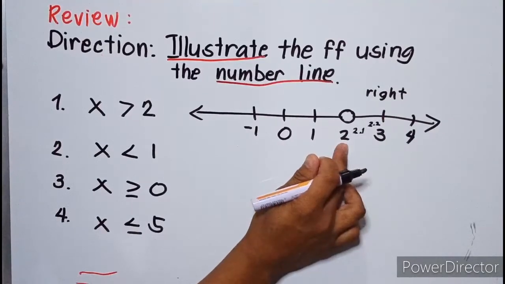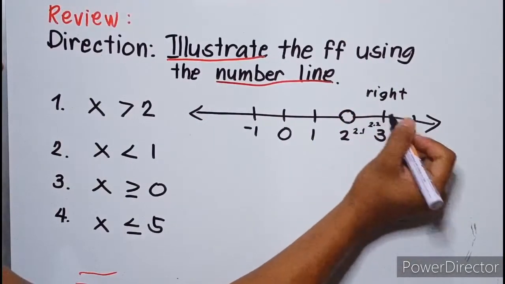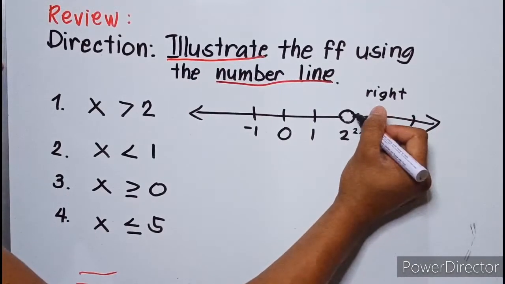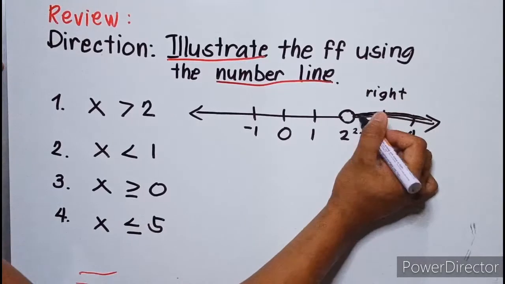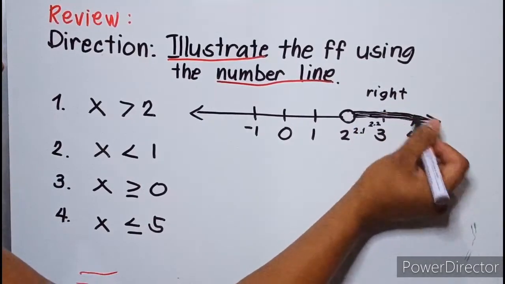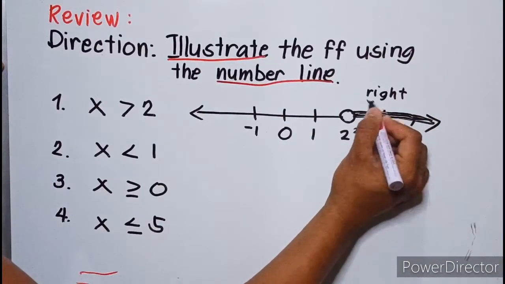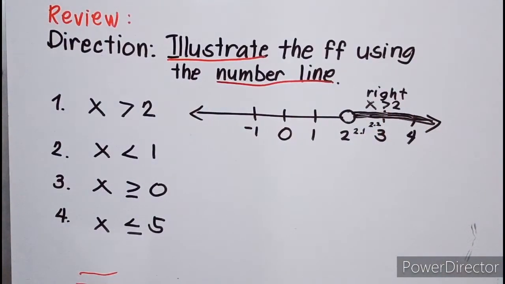Hindi lang kasali ang 2. Then, after having this circle, you're going to shade the number line going to the right. And this illustration gives us x greater than 2. So that is the illustration for number 1.